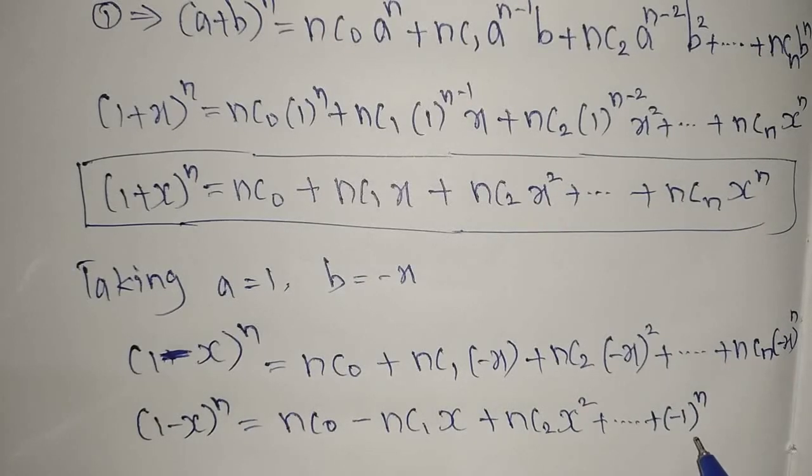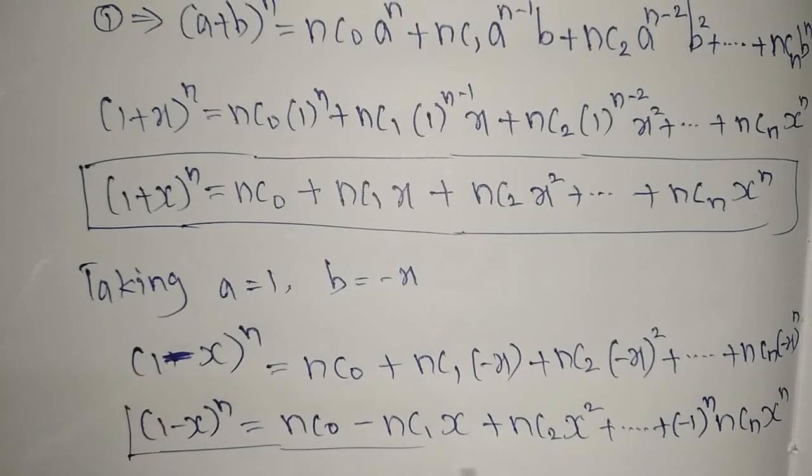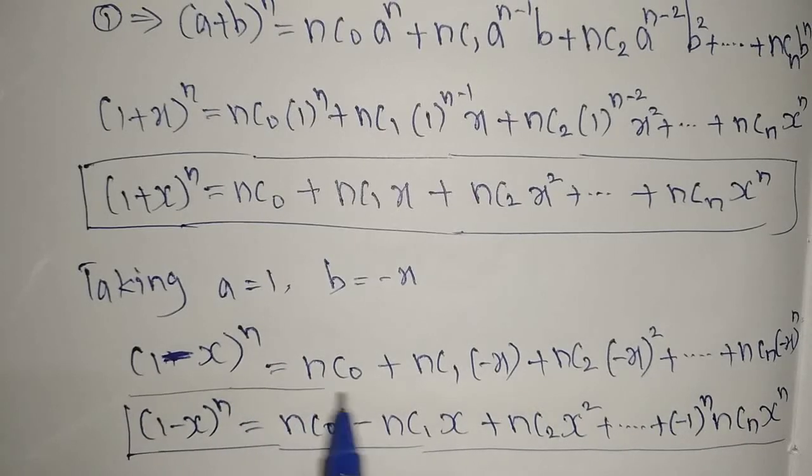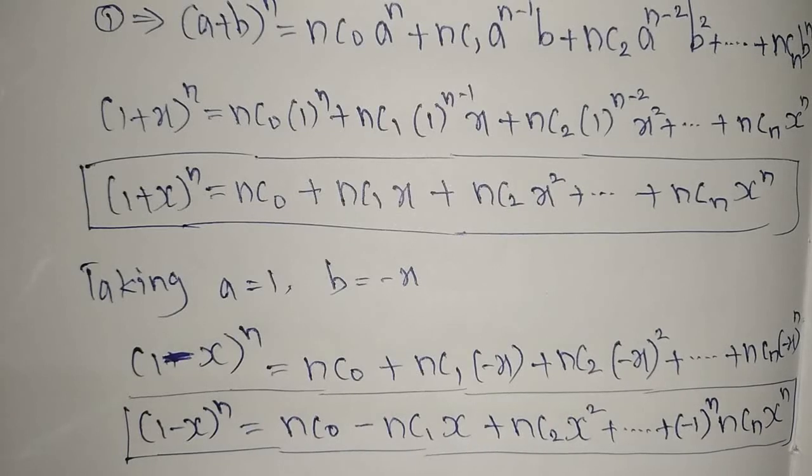This minus I'm taking like this, and then the remaining will be the same, nCn x^n. The minus x only I'm writing like this, and this is also one of the very important formulas. So this also you have to remember, and these things we will definitely use when we solve the exercise problems.